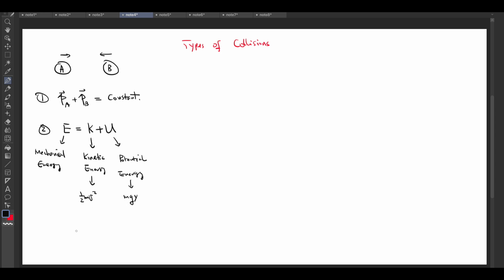So we're going to build a coordinate system: x horizontal, y vertical. If an object with mass m is at a coordinate of y in such a system, and we regard the y equals 0 level as the 0 potential level, then we have mgy as the potential energy of this object.